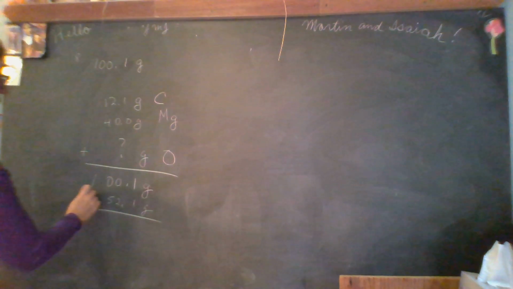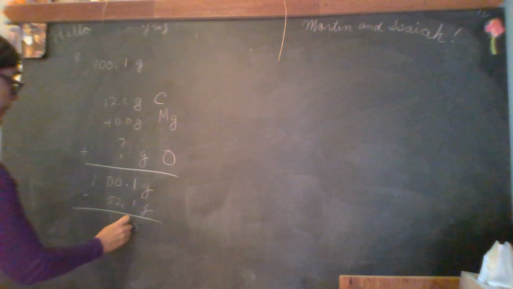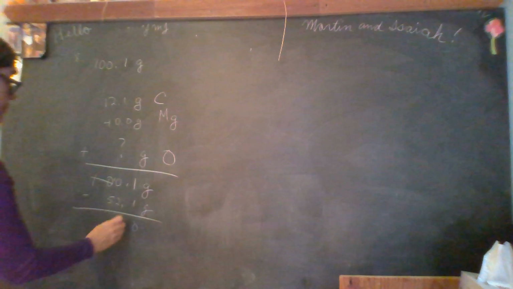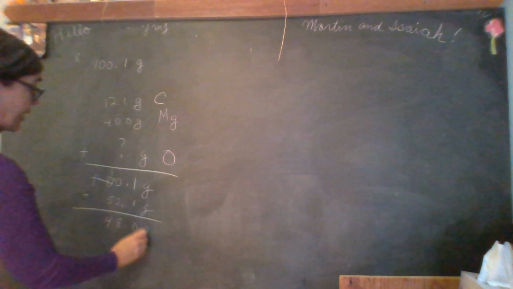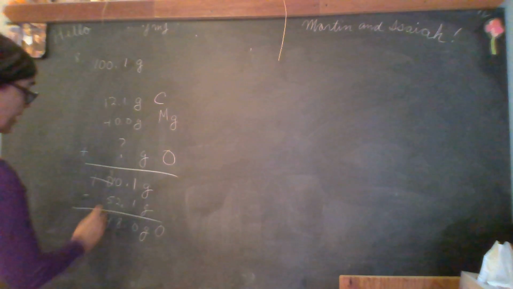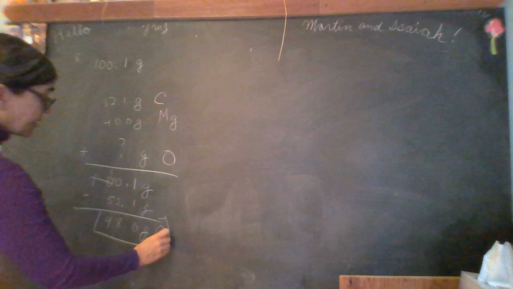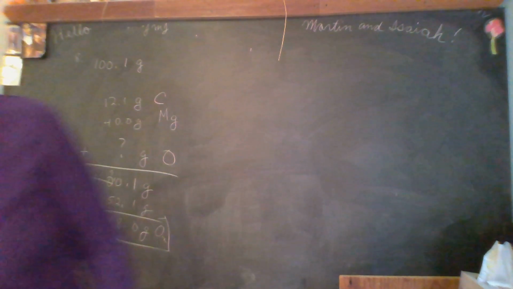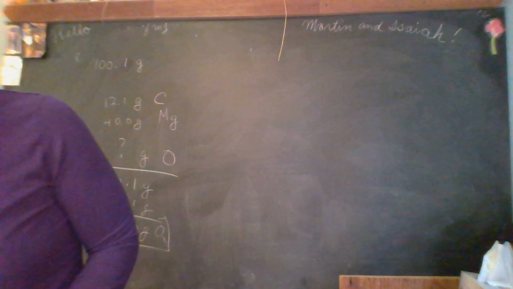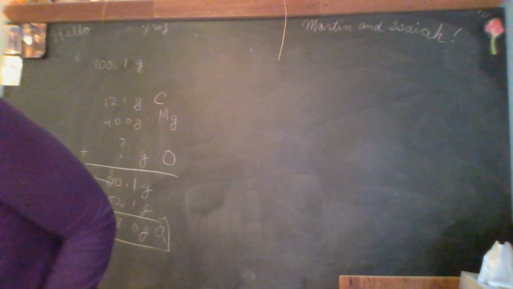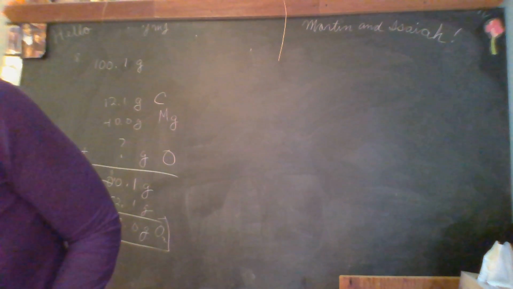Whoops, subtract. So we get 48.0 grams of oxygen must have escaped. It's actually going to be O2, but we'll learn about that later. So 48.0 grams of oxygen is the correct answer for number 8.